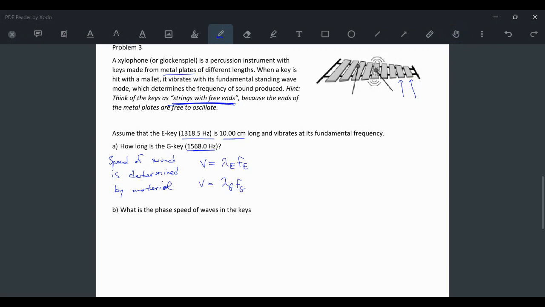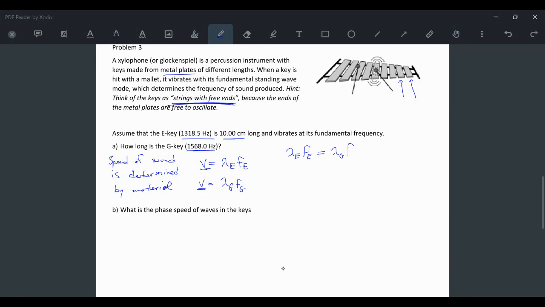It has a particular frequency. But notice I've written down V in both cases, and I haven't given it a special subscript for E or for G because they're the same speed. So because these are the same, we have two equations. They both are equal to the speed, so we can set them equal to each other.